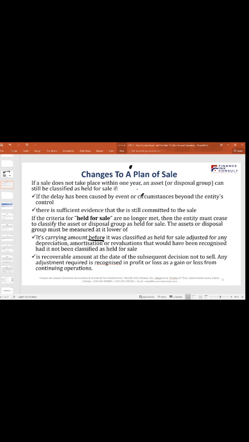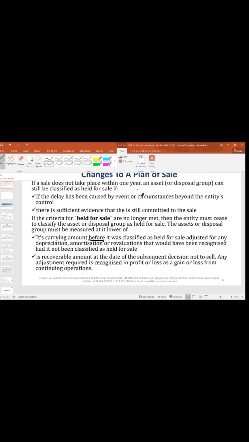Then two, the recoverable amount as at the date of the subsequent decision not to sell. Any adjustment required is recognized in profit or loss as what? Either gains or losses from continuing operations.